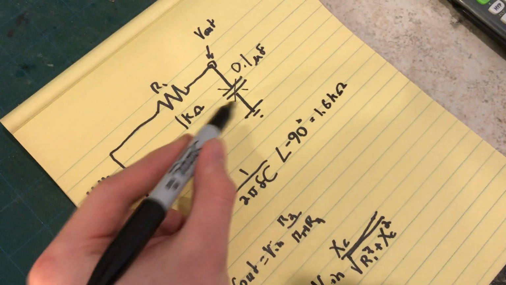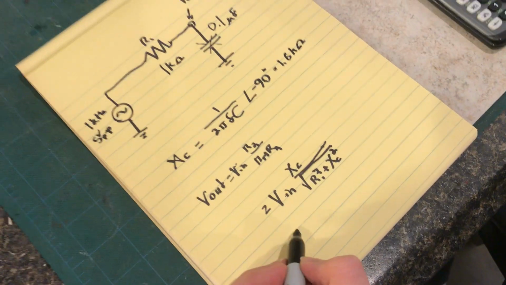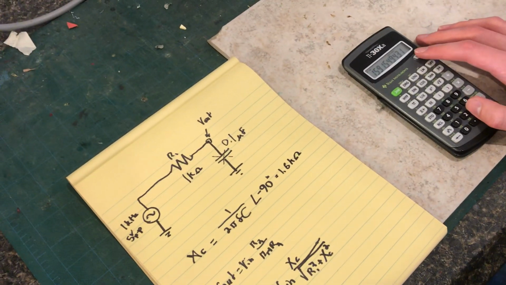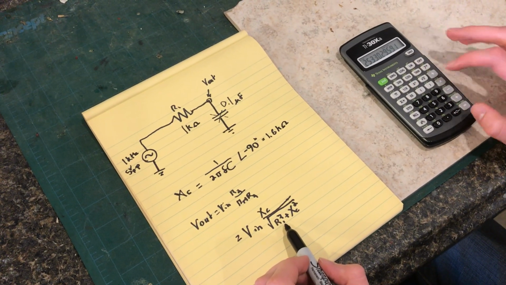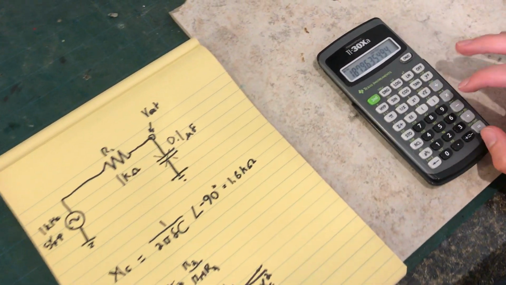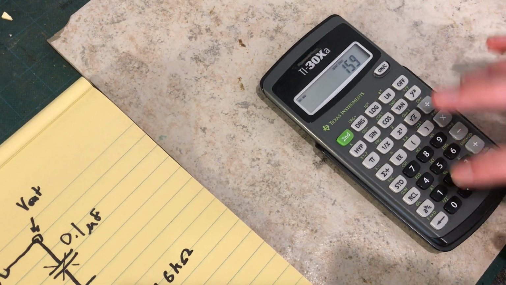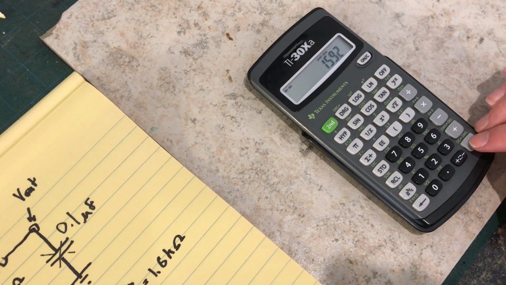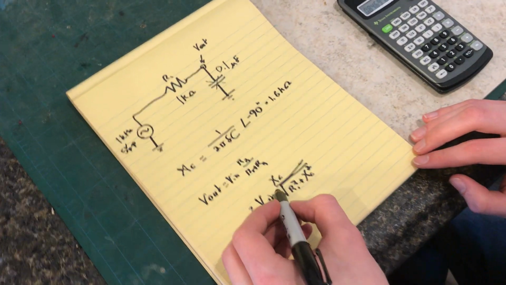And this is a 1K, so we'll see how that creates a voltage divider. And let's calculate what our V out is. I'm just going to square that, add it to 1,000 squared, take the square root, invert it, and multiply by 1592.